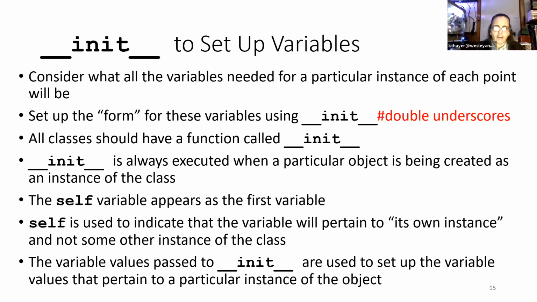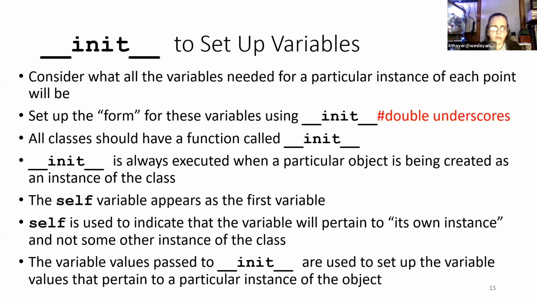Since we could have multiple instances of an object, we are always going to have this self variable to say that it's the x that belongs to this object, the y that belongs to this object. So that's why we're going to have self. We'll talk about it a little bit more because it is kind of an odd concept to get. It's used to indicate that the variable will pertain to its own instance and not some other instance of the class.